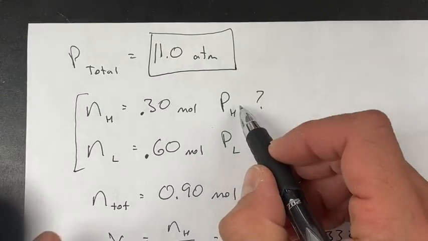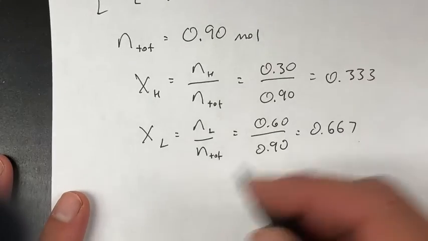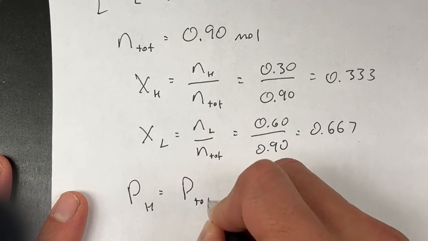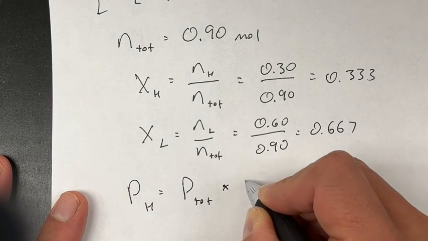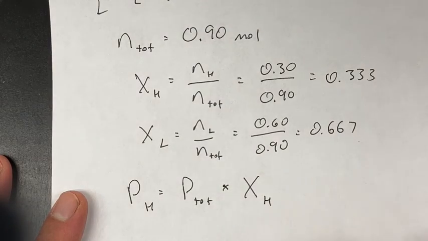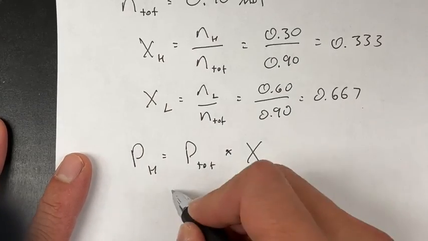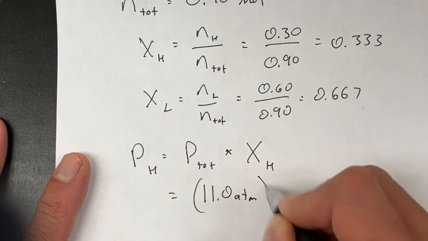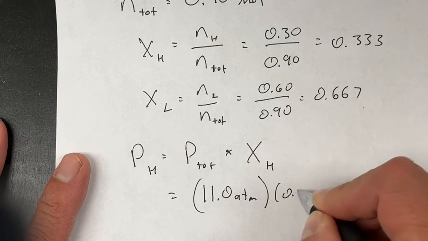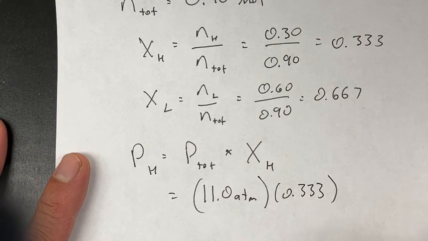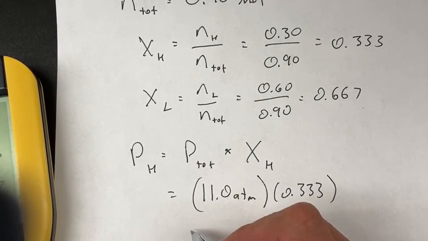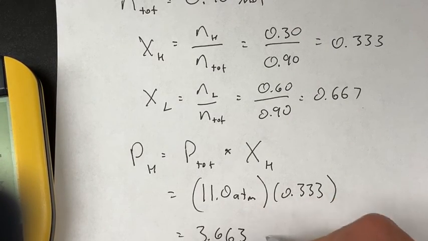So the partial pressure of H is the total pressure times X of H. That equals 11.0 atmospheres times my mole fraction, 0.333, and that ends up being 3.663 atmospheres.